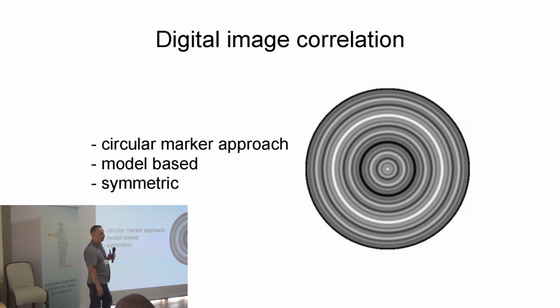There are two common approaches to this. We can use model-based digital image correlation. What is it? If we know how our feature looks, we can model it, just render its image under given parameters and compare the rendered image to the observed one.